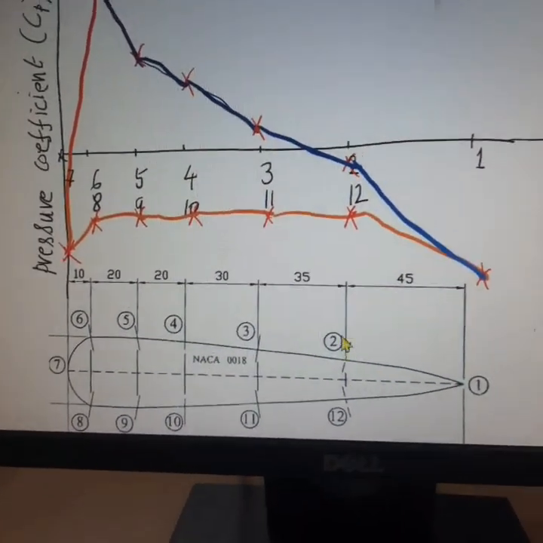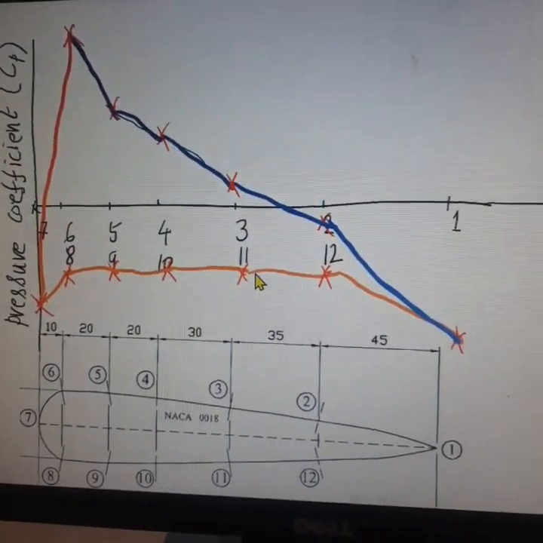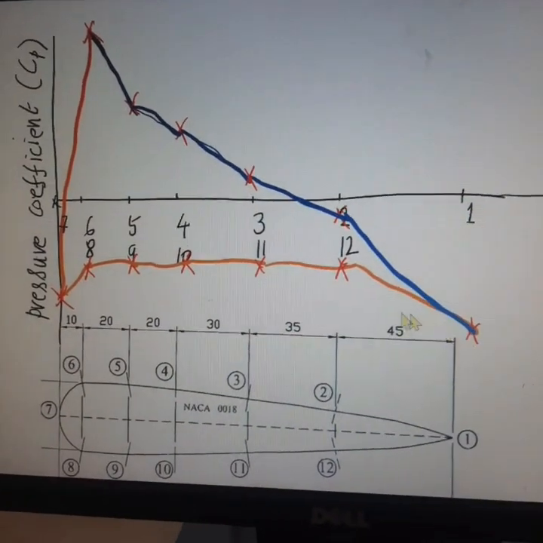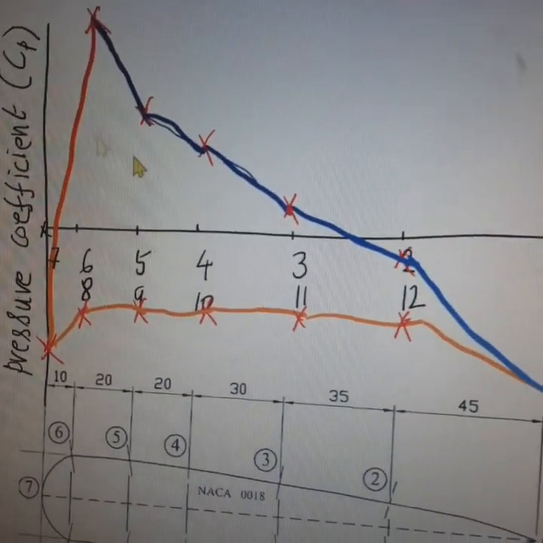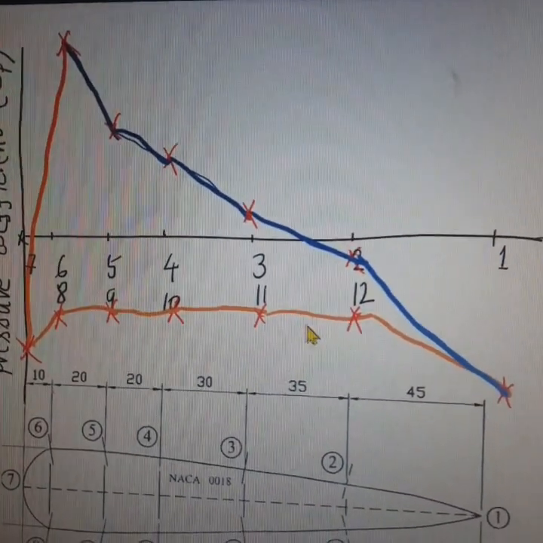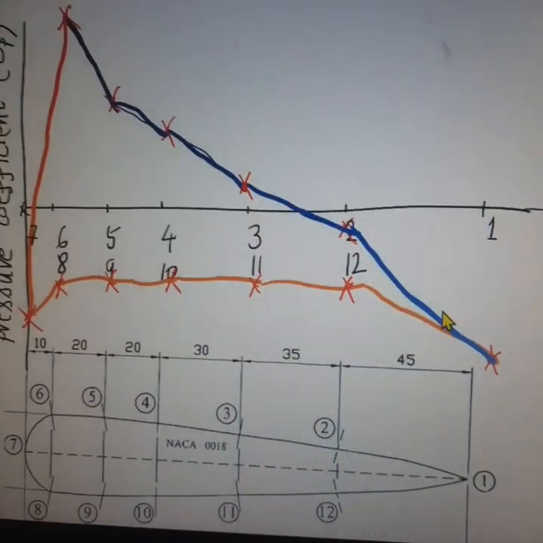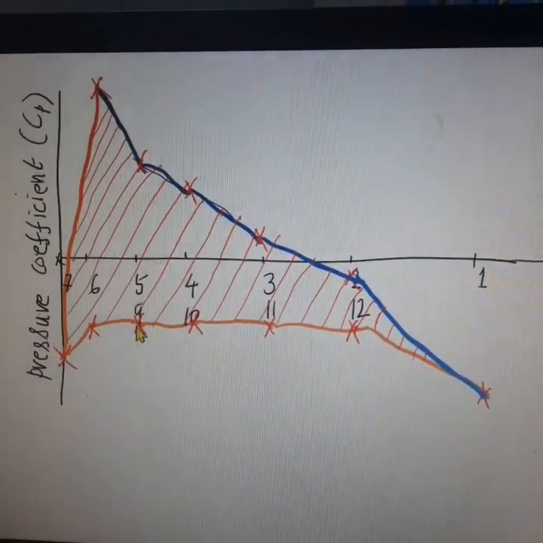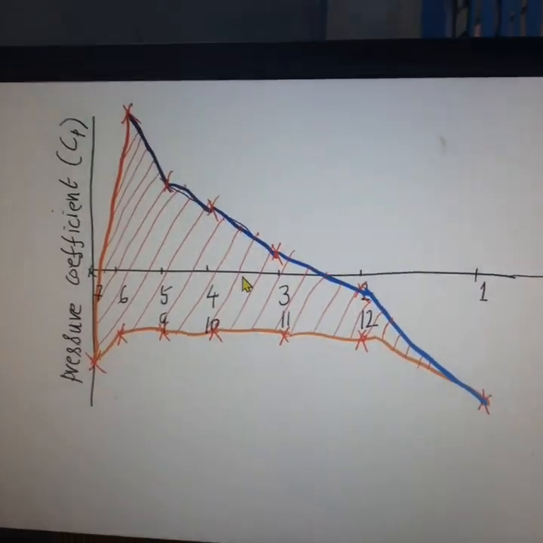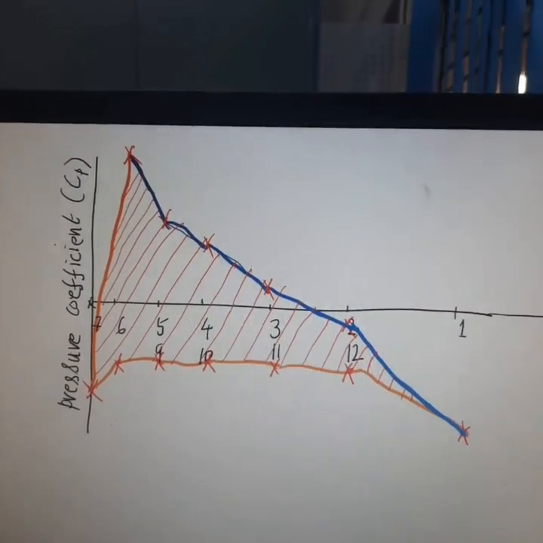Similarly, another curve is drawn joining points 8, 9, 10, 11, 12, and the area between the two curves is the approximate value of the lift force generated by the aerofoil.